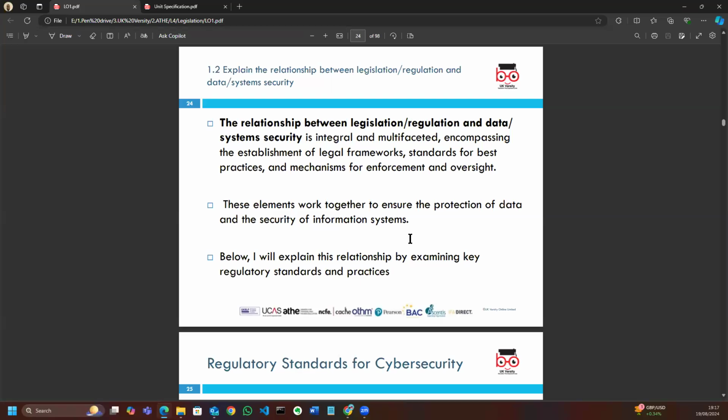What this means is that these elements work together to ensure the protection of data and the security of information.